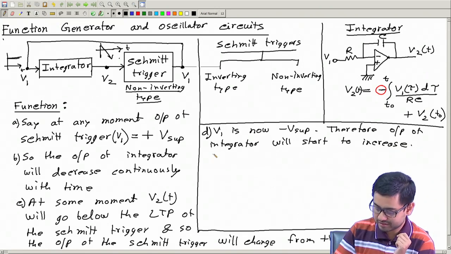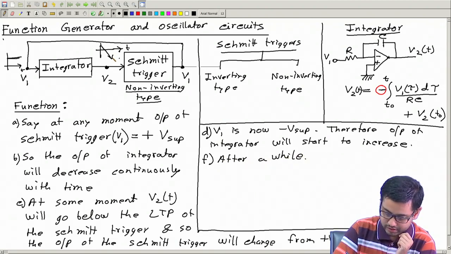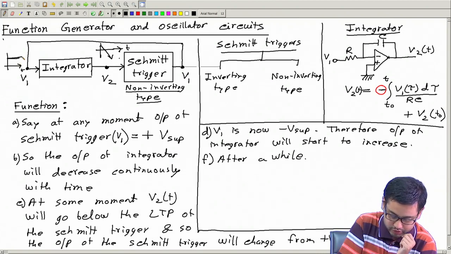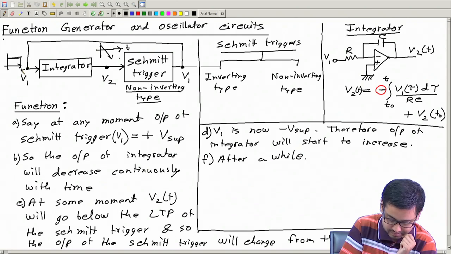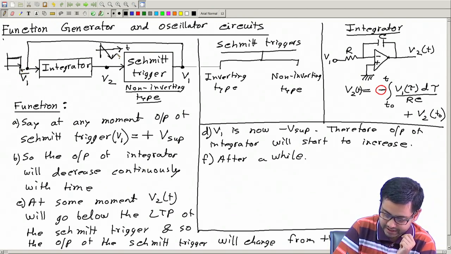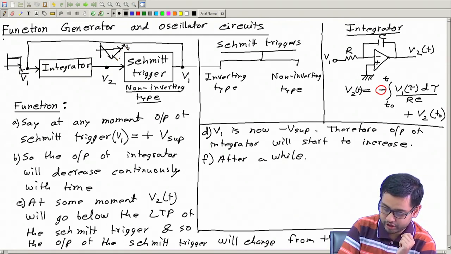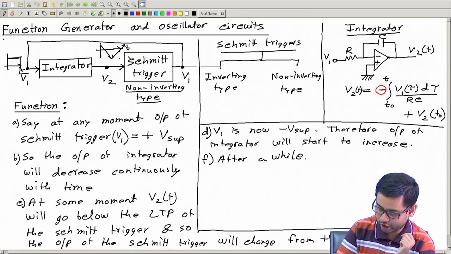And then what will happen? After a while, you see this has gone down. Here it's negative, so this has started to go up. At some point, it will cross the upper trigger point of this Smith trigger.